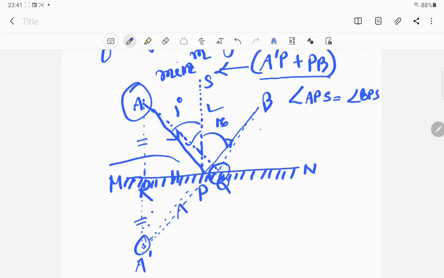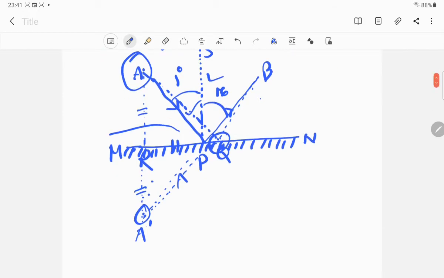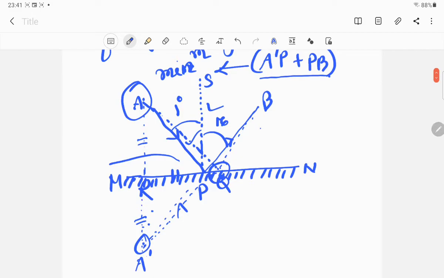Okay, so how to do that? For that we will be considering simple facts. Just consider the line A dash B and SP. Is A dash B parallel to SP?